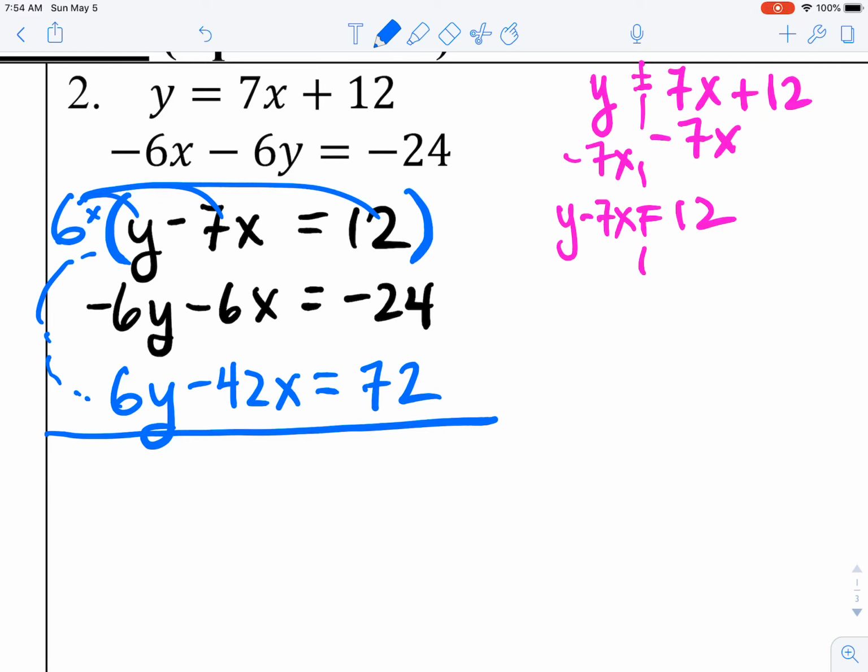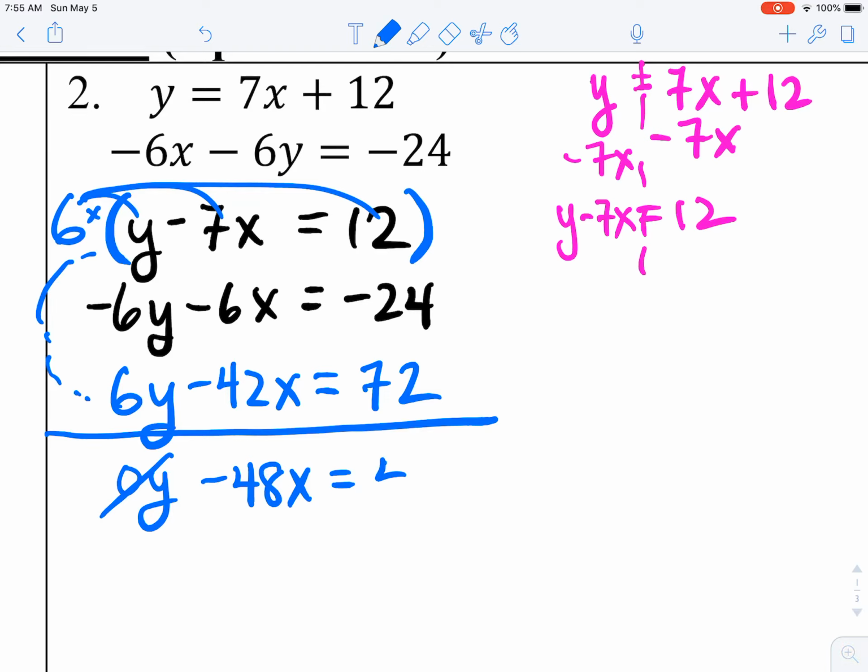Okay, so when I add straight down, I get 0 y's, which goes away. When I add straight down, I get negative 48x, and that one I'm going to actually take out my calculator for because I can't do that in my head. 72 minus 24, 48. Well, that worked out.